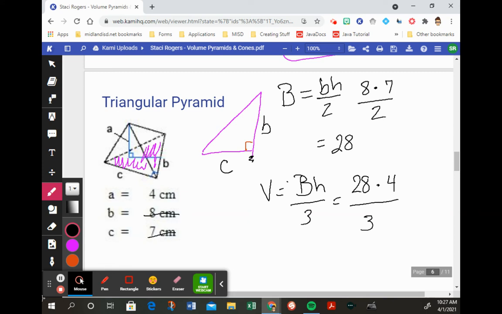So 28 times 4 divided by 3, I get 37.3 cubic centimeters. All right? Sound okay with you? Good.